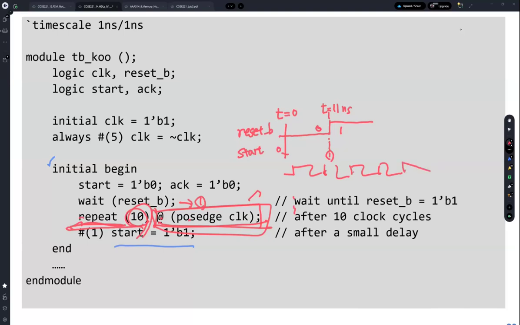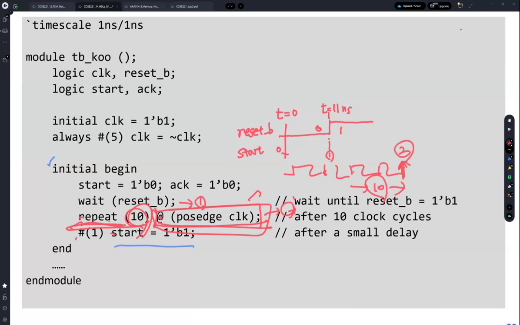So 10 cycles of the clock period, until the rising edge. After 10 cycles, because you use the limit 10, then rising edge of clock, so this is the timing 2 here.